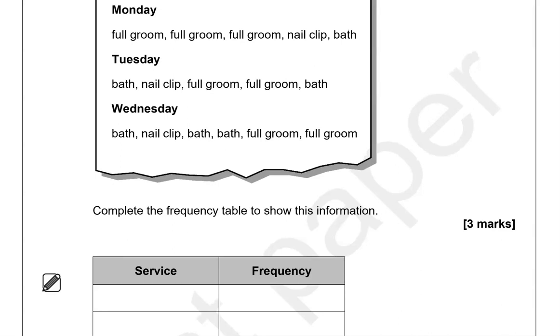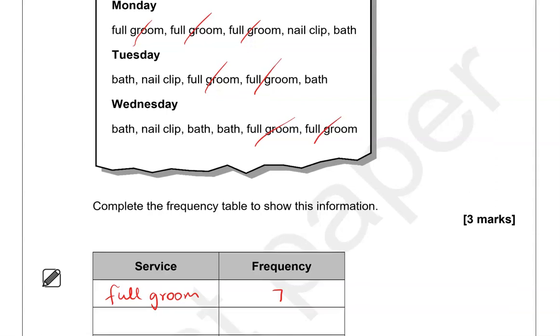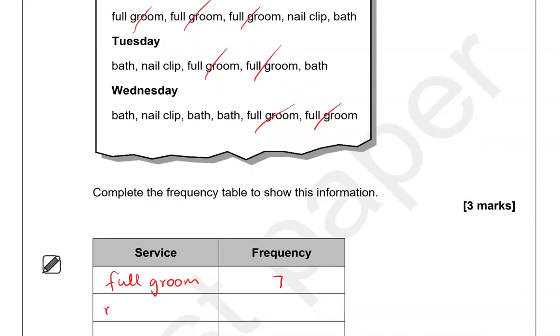So like full groom, and we've got 1, 2, 3, 4, 5, 6, 7 of them. And then we've got nail clip. Got 1, 2, 3. Then we have bath.